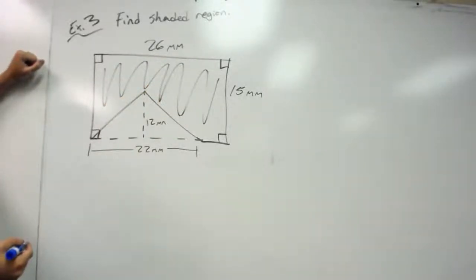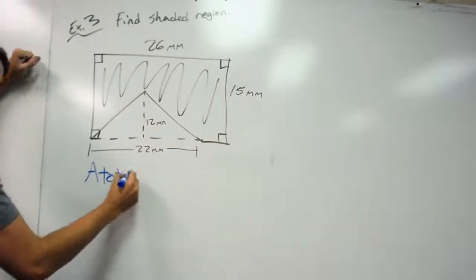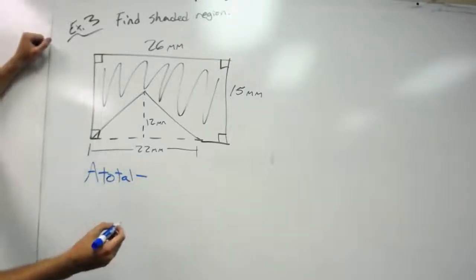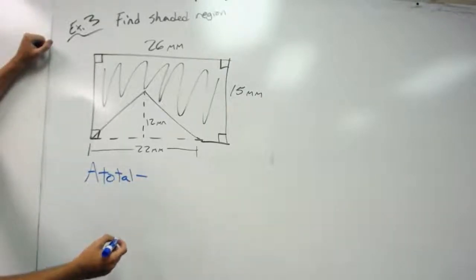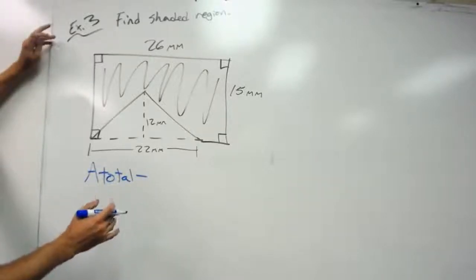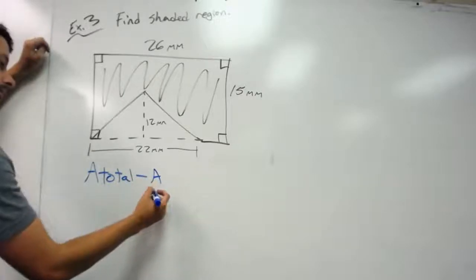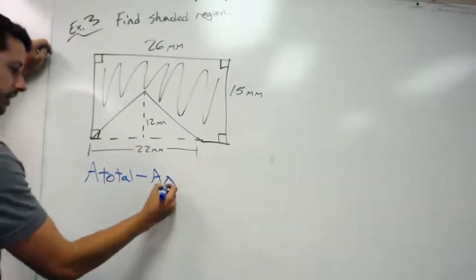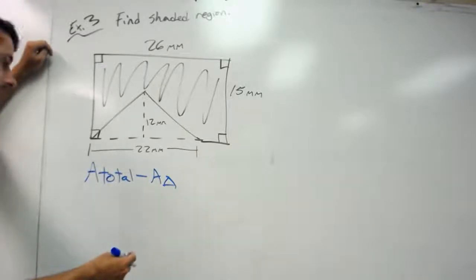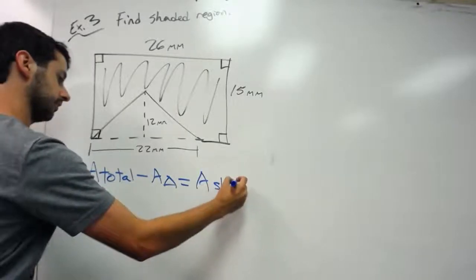Well, what we need to do is find the area of the total and then subtract the area of, in this case, the triangle. So I'm just going to put triangle. Really, it's the figure inside, equals the area of the shaded region.